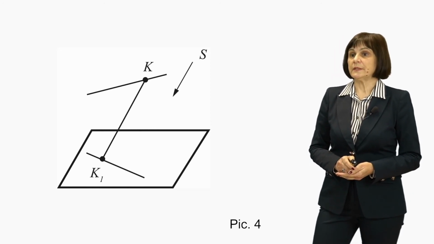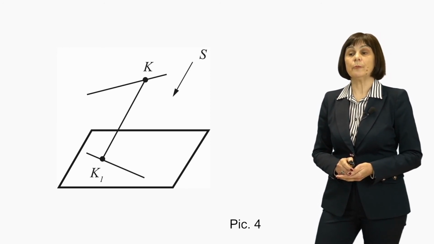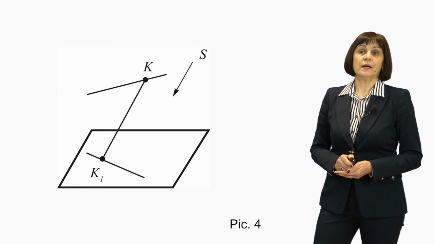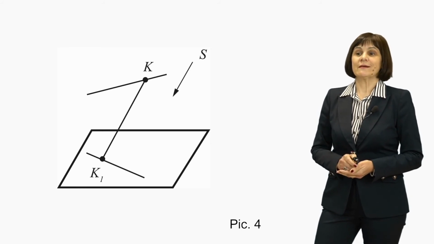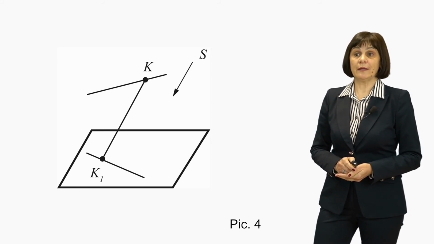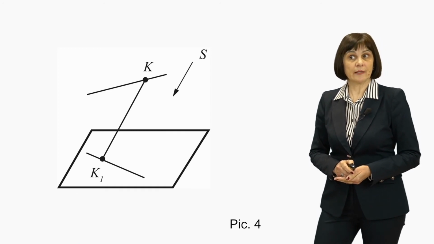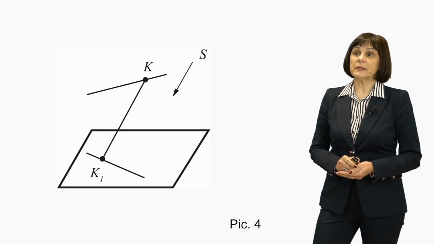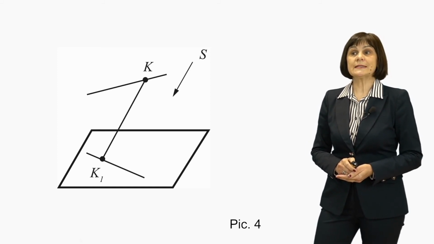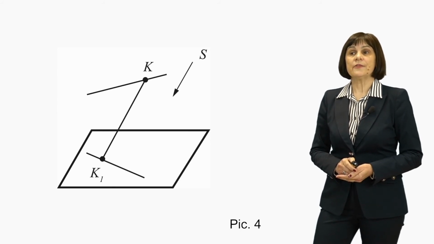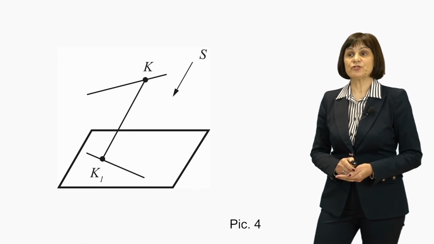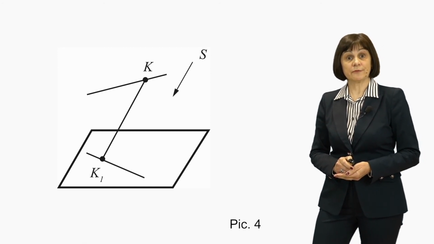The fifth property, projections of mutually perpendicular lines are mutually perpendicular. And the sixth property, of course, the projections of mutually parallel lines are mutually parallel. The next property, if a segment is divided by a point in some relation, then the projection of the segment is divided by the projection of the point in the same relation.